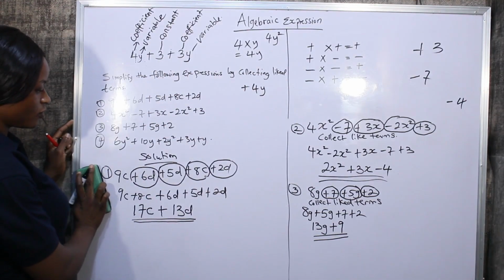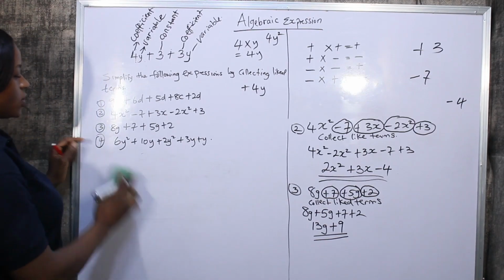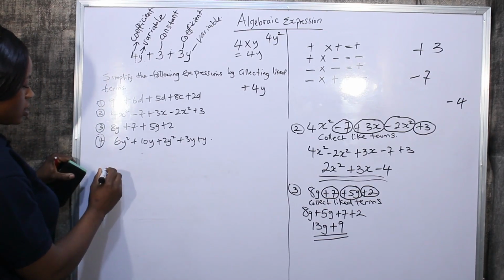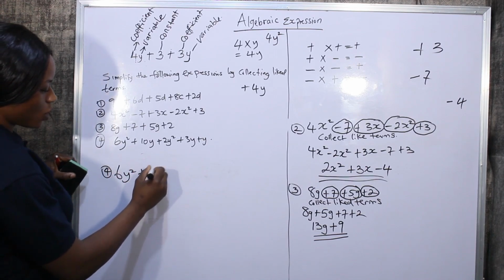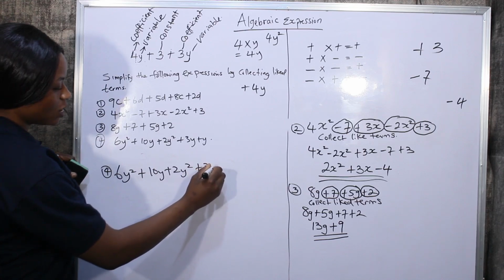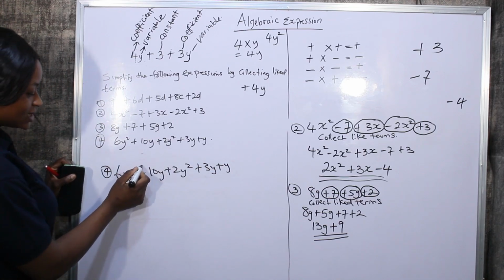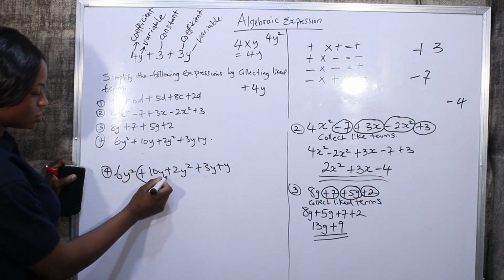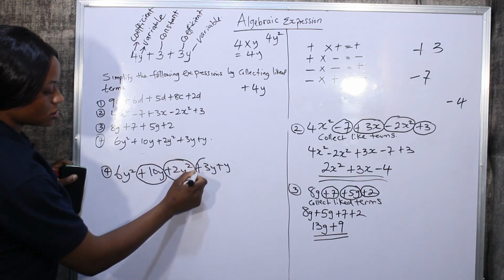Let's solve number 4. Six y square plus 10y plus 2y square plus 3y plus y. Go ahead and circle out your terms, just like this.